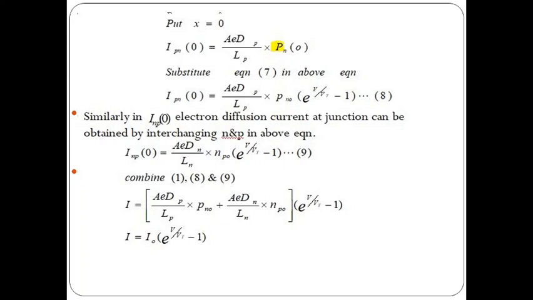This I naught is called the reverse saturation current. I naught is replaced with AE dP by Lp into Pn naught plus AE dN by Ln into Np naught. Clear? So the reverse saturation current is directly proportional to the area of the junction.